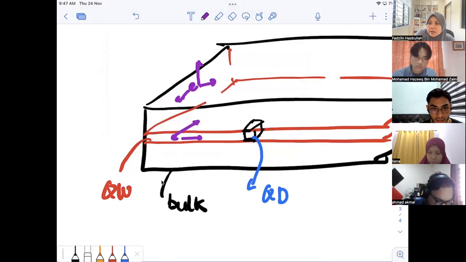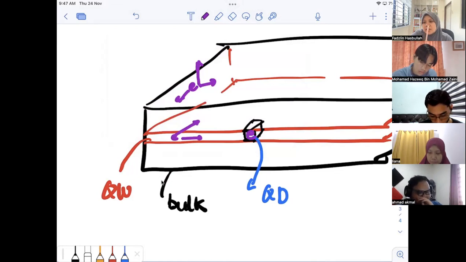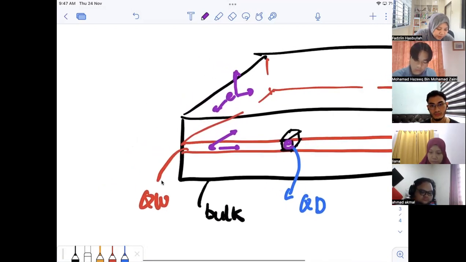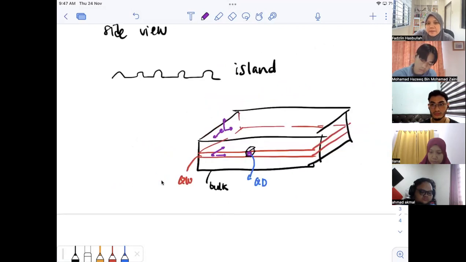Quantum dot ni, kalau kita berjaya membuat quantum dot, elektron tu dia duduk kat dalam tu je. Dia tak bergerak. Kita confine the carrier and it cannot move. Kita nak elektron duduk kat situ, duduk kat situ lah. So basically we can control where the carriers are. So elektron tu duduk kat sini.